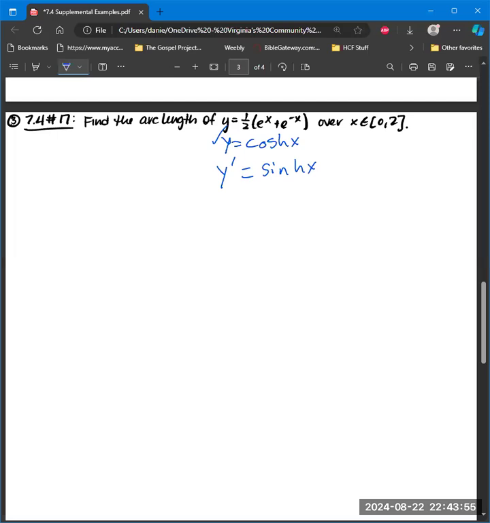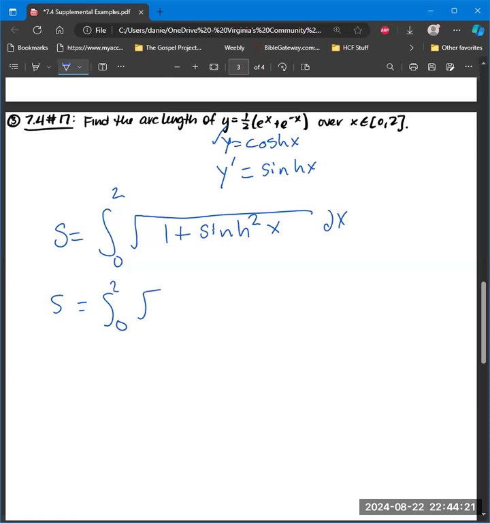So we want s equals the integral from 0 to 2 of the square root of 1 plus hyperbolic sine squared of x dx. Now you may not know that hyperbolic trig identity off the top of your head, but that is the identity for hyperbolic cosine squared.